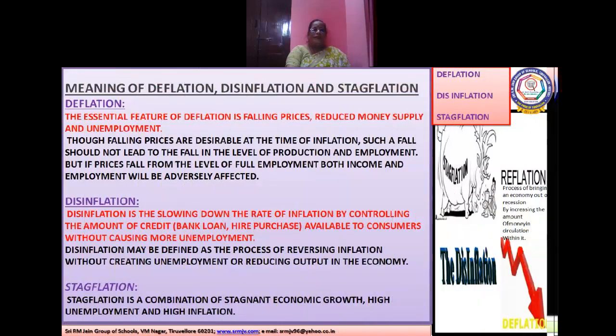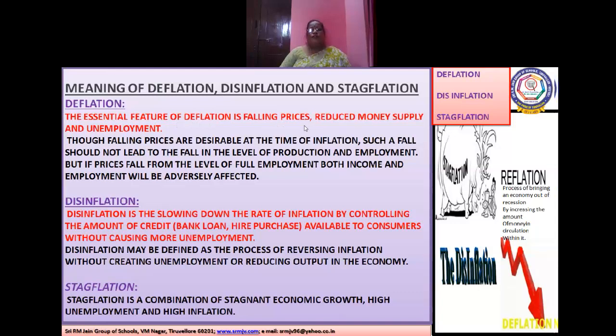Now let us see the meaning of deflation, disinflation and stagflation. The essential feature of deflation is falling prices, reduced money supply and unemployment. What is inflation? Rising price level.